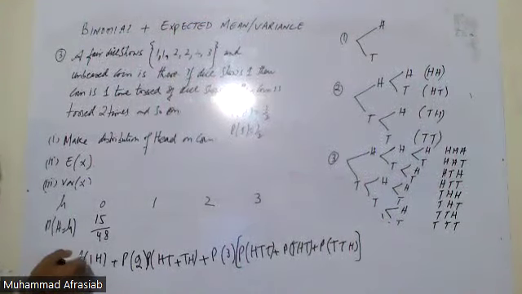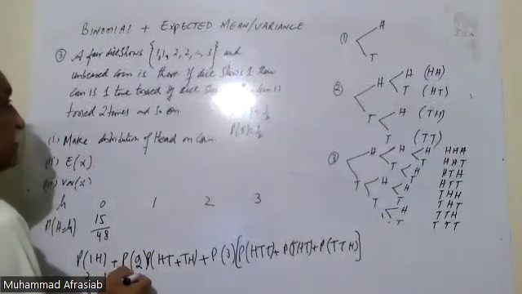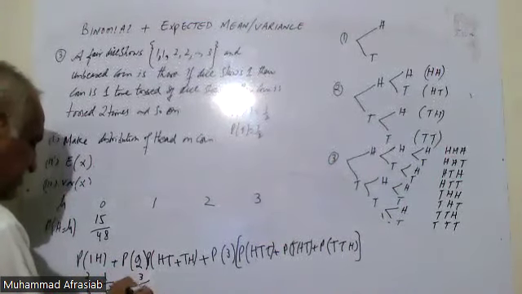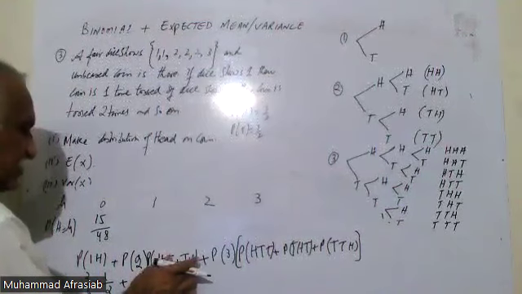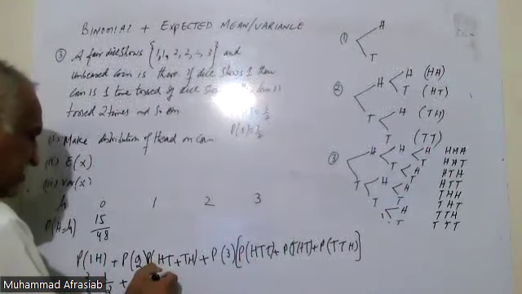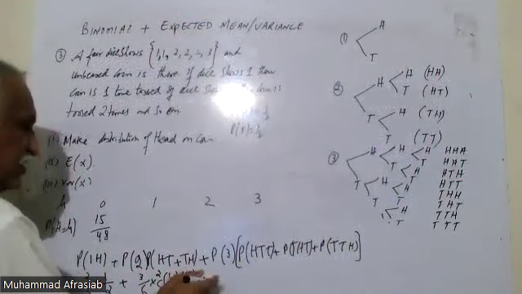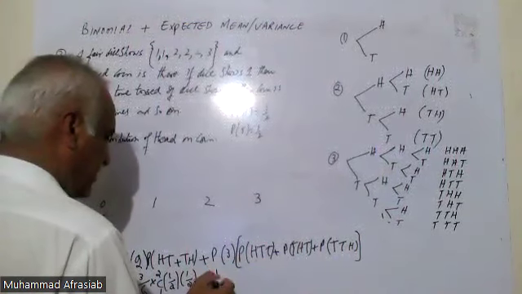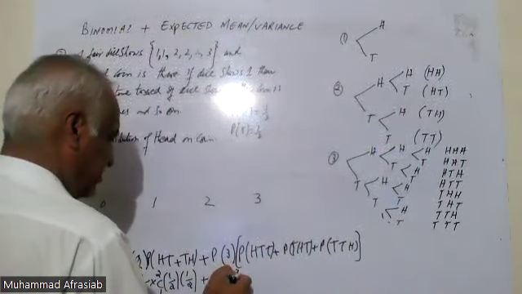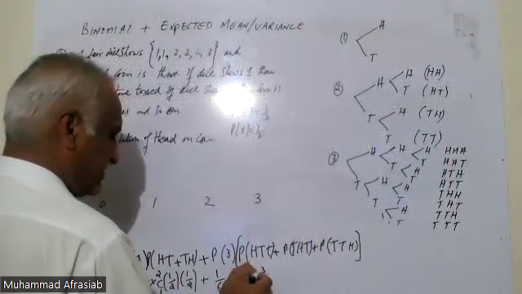So probability of 1 is 2 by 6 into head, 1 by 2, plus, for 2, it is 3 by 6, and these are the two options, so we can write it as 2C1 into 1 by 2 into 1 by 2. These are the three options for 3, whose probability is 1 by 6, so it is 3C1 into 1 by 2 to the power 3.